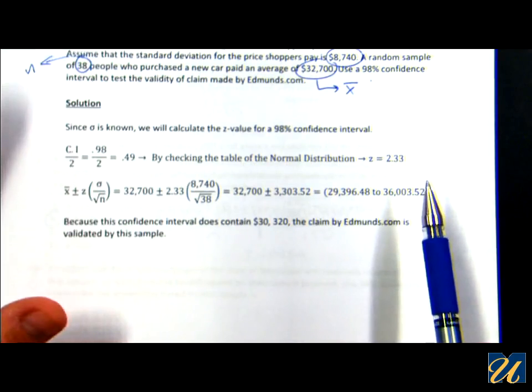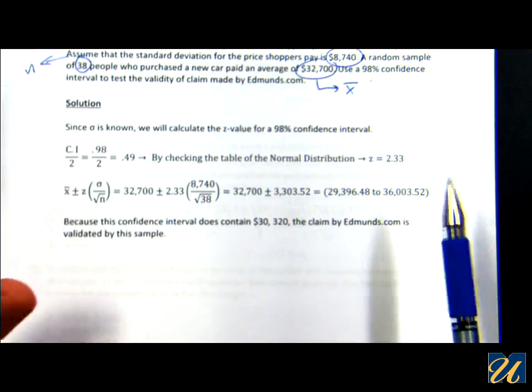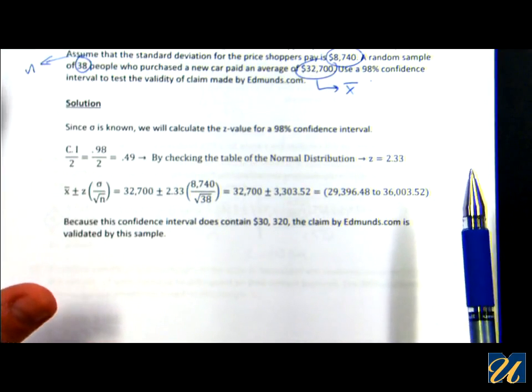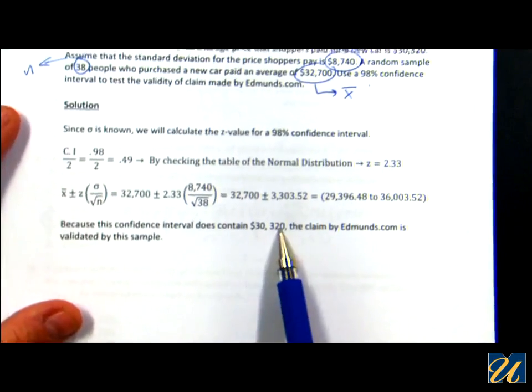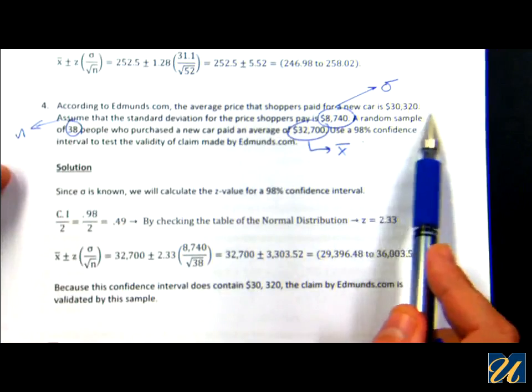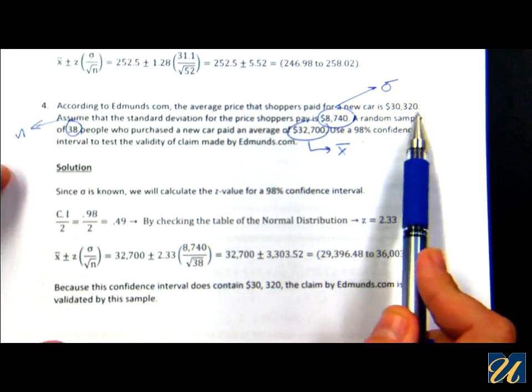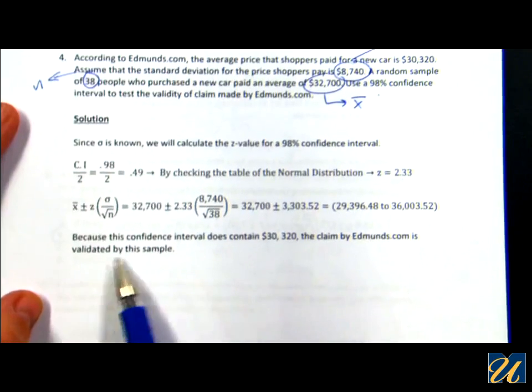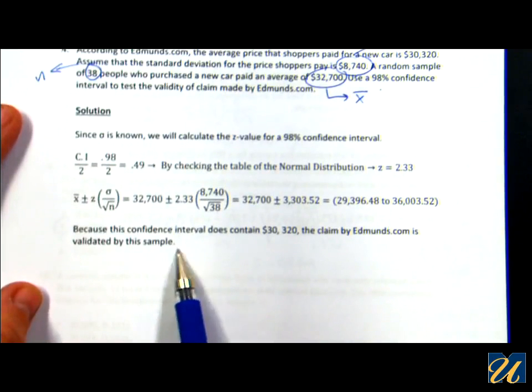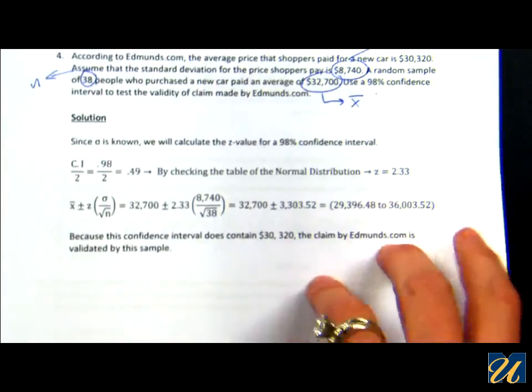Now, we want to test the validity of the claim made by the company. Since the confidence interval does contain the value of the original claim, which is 30,320, then we can say that the claim is validated based on the sample that we have.